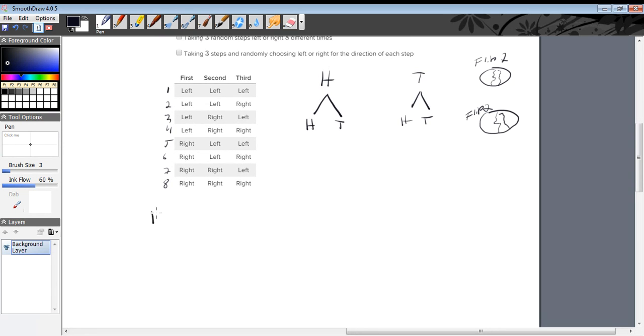I can have heads, heads. I can have heads, tails. I can have tails, heads. Or I can have tails, tails. So there's 4 different options I can do if I do 2 flips, which is interestingly the same thing as 2 squared. But that's for another day.